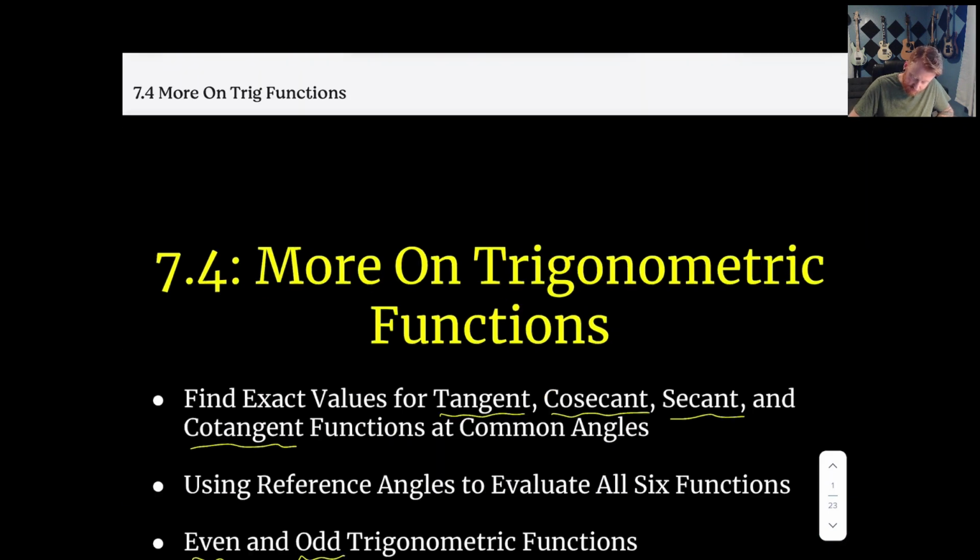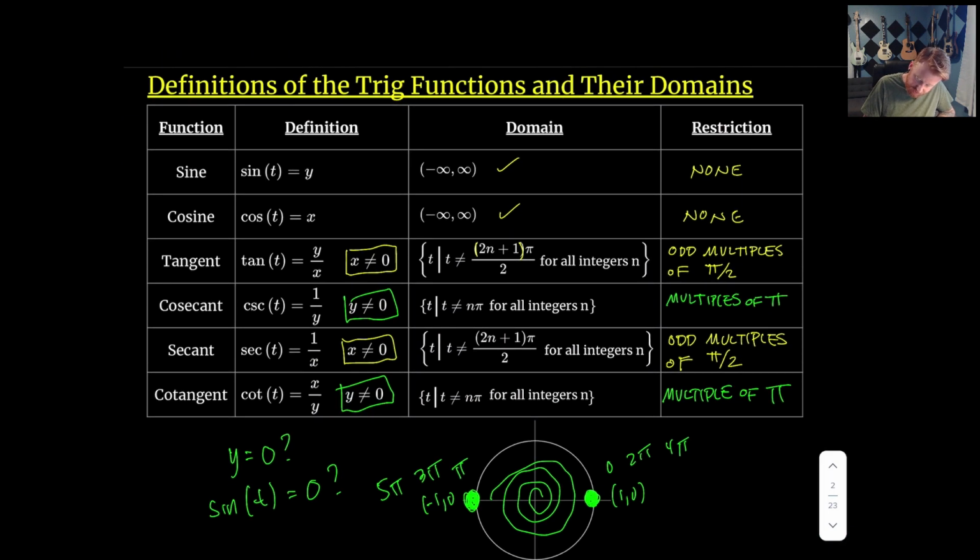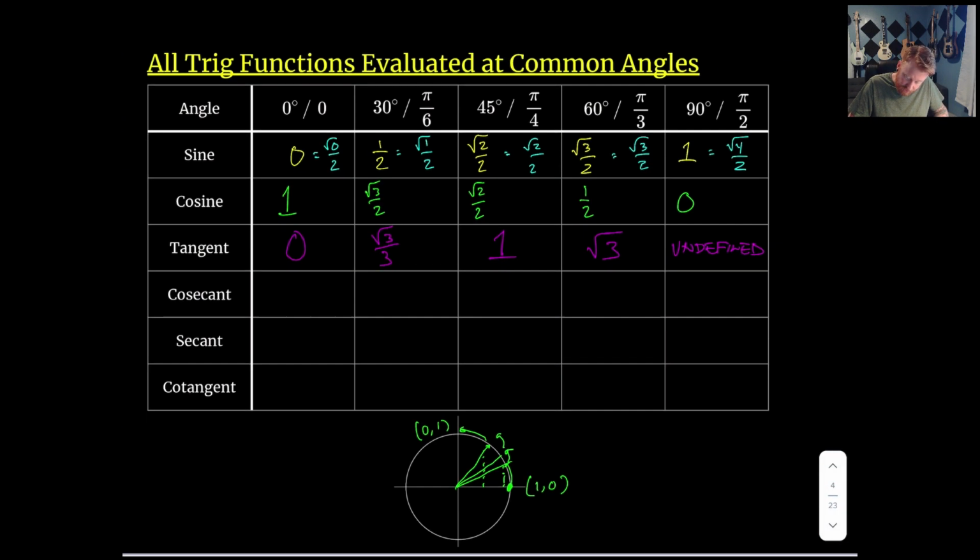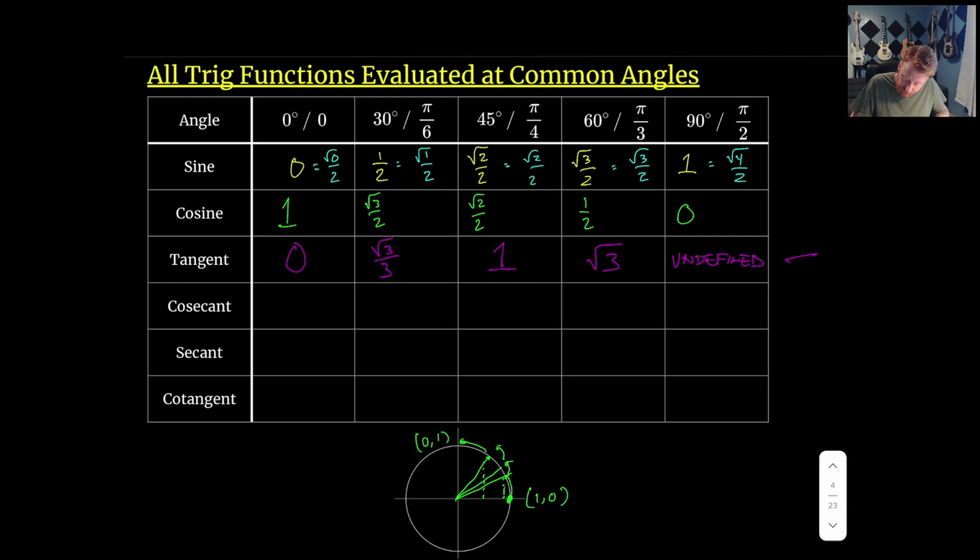Let me go back and maybe remind you that for the tangent, we cannot have odd multiples of pi over 2, including pi over 2 itself. So that is why the tangent function is undefined at pi over 2. And we'll see as we start to graph these things that there is maybe more to the story going on here, but we're just getting some of these important values mapped in that we can use going forward.